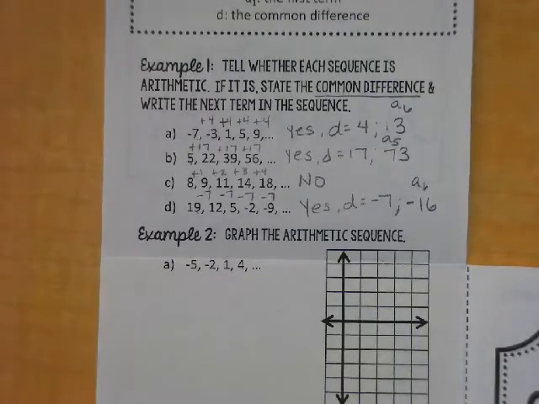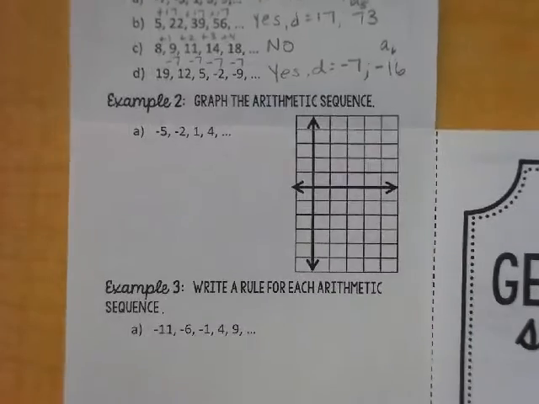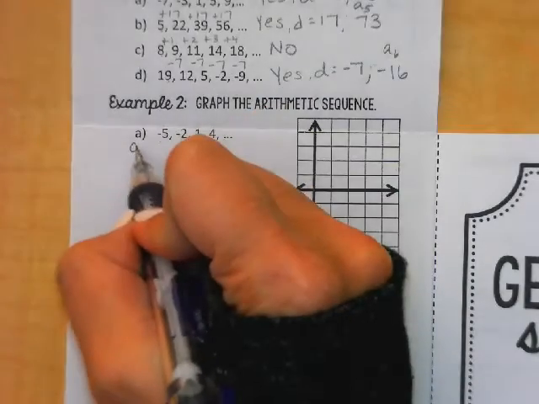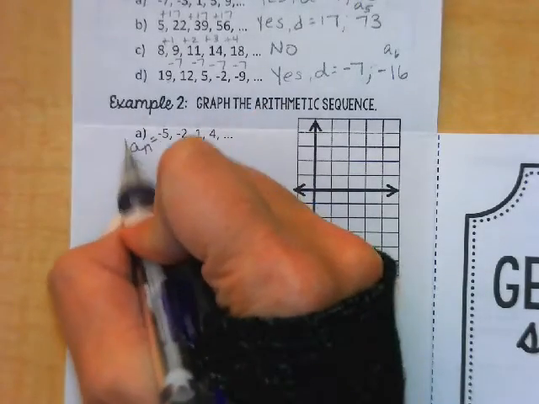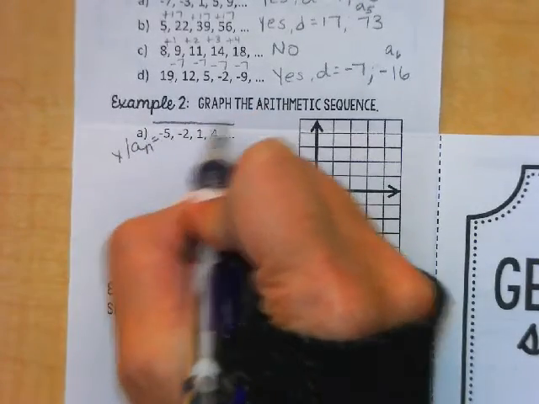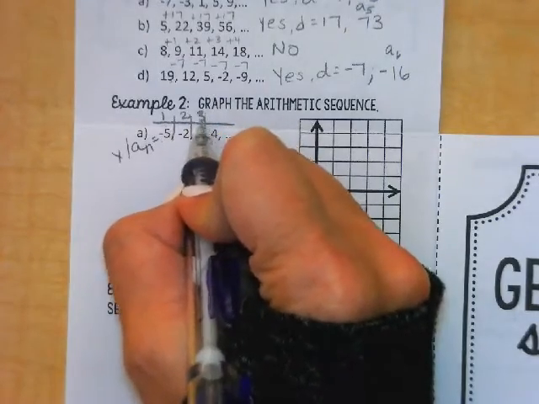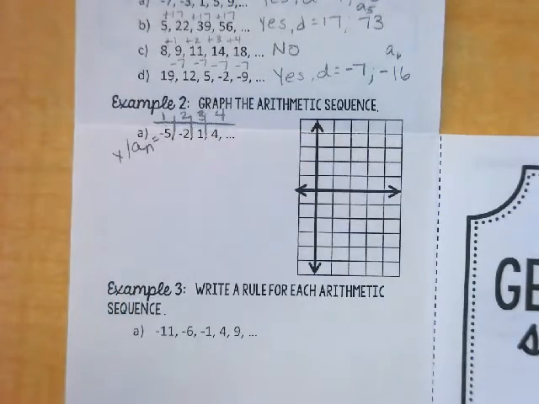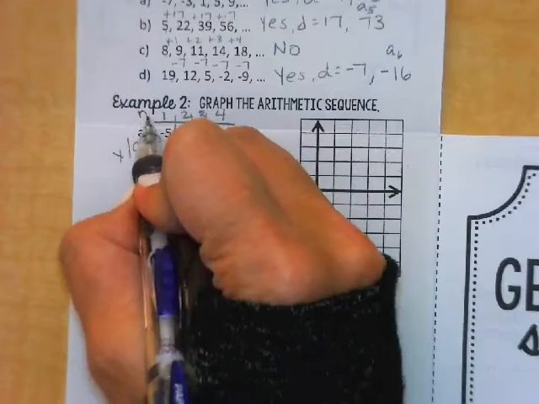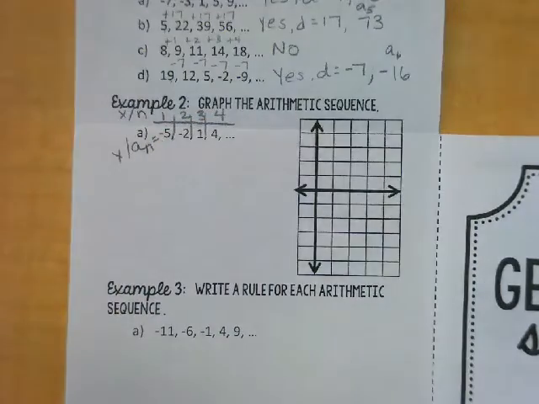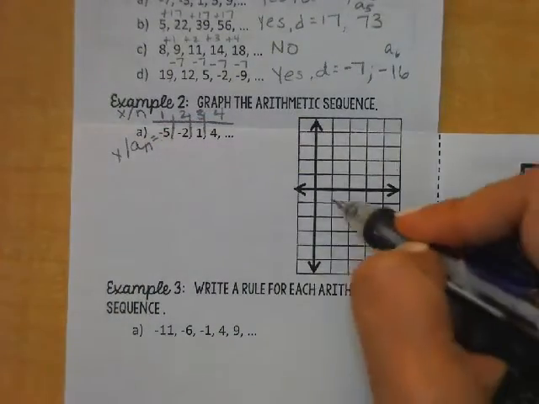All right, so hopefully this is jogging your memory. How do we graph an arithmetic sequence? Well, first of all, this is my a sub n, which happens to be the same as y, right? So remember, way back when we talked about the first thing you need to do is make that table, right? Where this is my n or my x value. When you graph this, are we going to connect our dots?